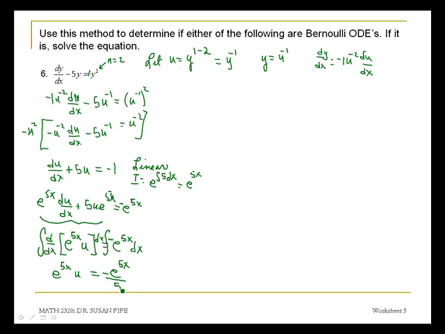Divide by 5. And then add your constant of integration. From here, we can solve for u by multiplying through by e to the negative 5x.